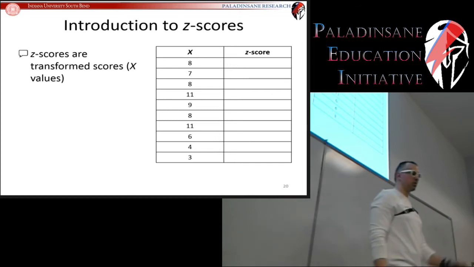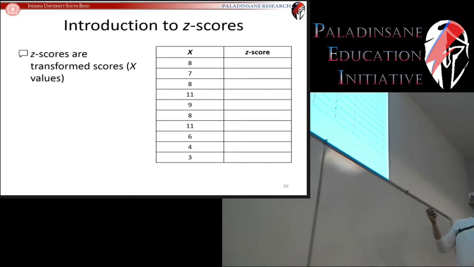If we had these raw scores here, we could transform them into z-scores over here. Every raw score of 8 in this situation gets transformed into a z-score of 0.19. So this 8 gets transformed into a z-score of 0.19, and this 8 as well. Every 11 gets transformed into a z-score of 1.33, so this one as well, 1.33.